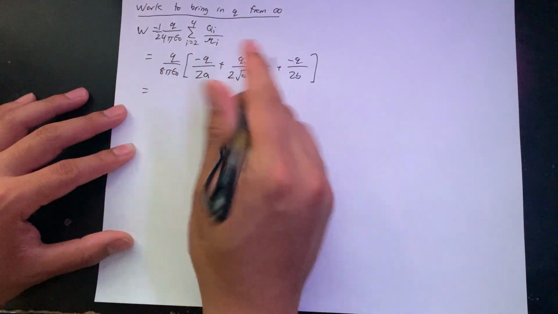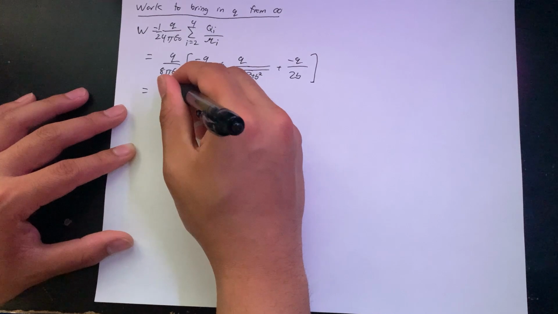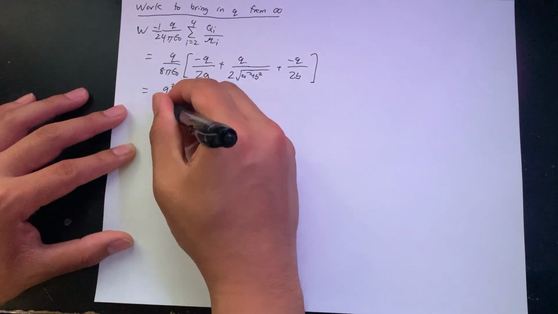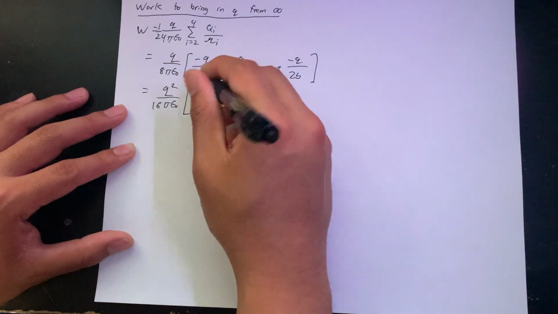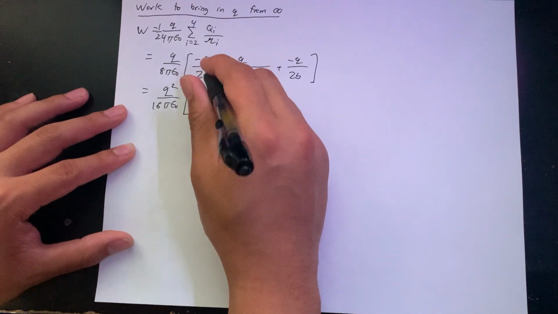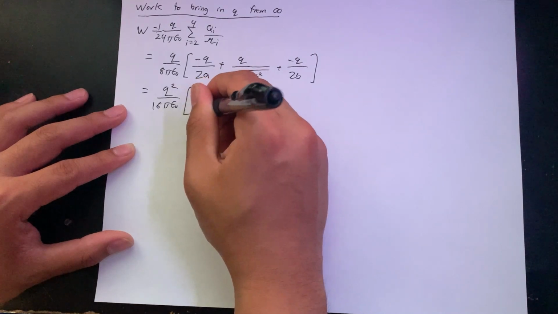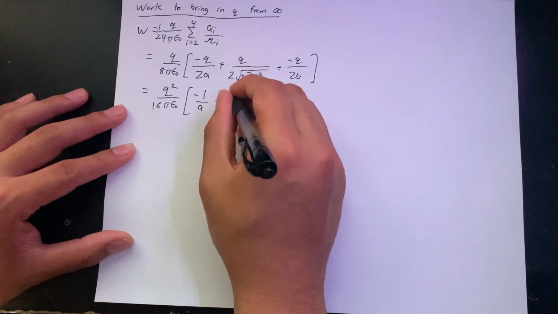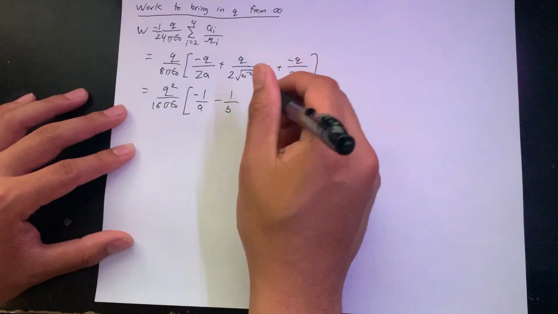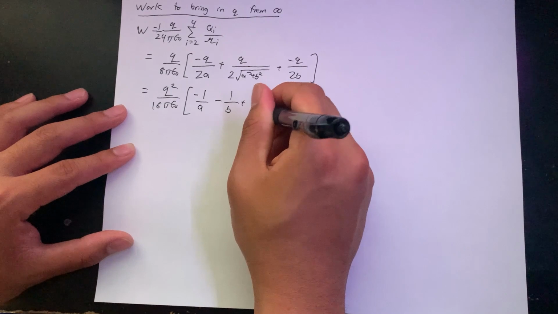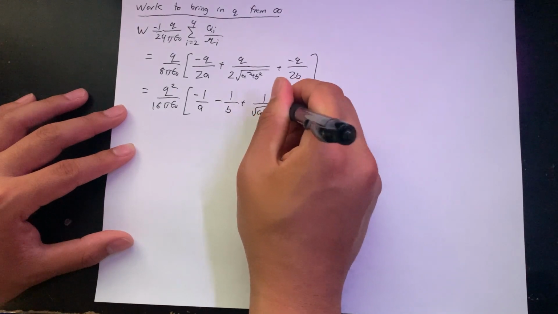And then we can bring out these q's, q squared, and then bring out these 2's, so make that 16. And then we have negative 1 over a minus 1 over b plus 1 over the square root of a squared plus b squared.